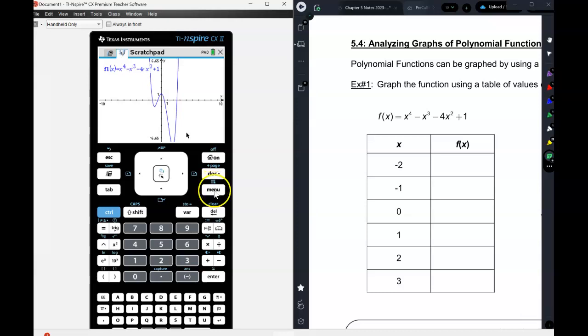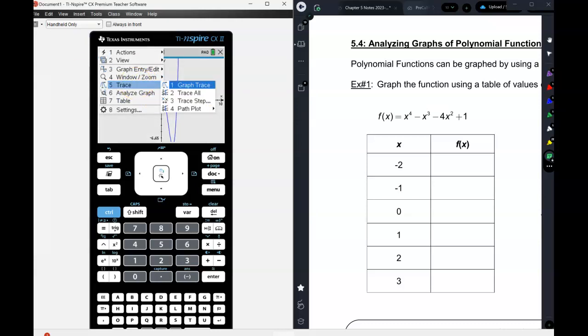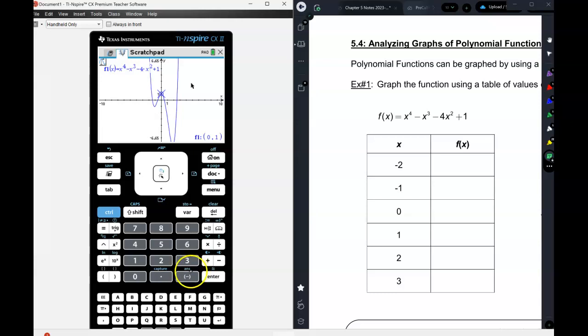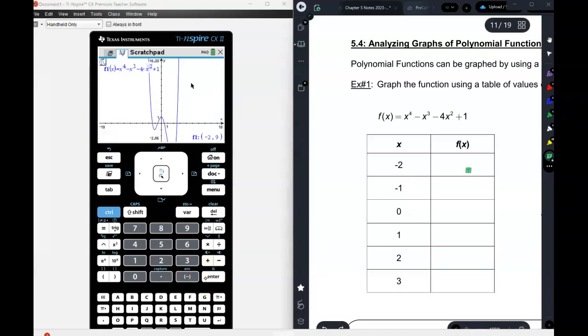One is you go to menu and you go to trace, press graph trace. Now, I want to put in these values, okay? So in trace mode, the first one I want is -2, right? Type -2, enter, 9. So I put a 9 here.